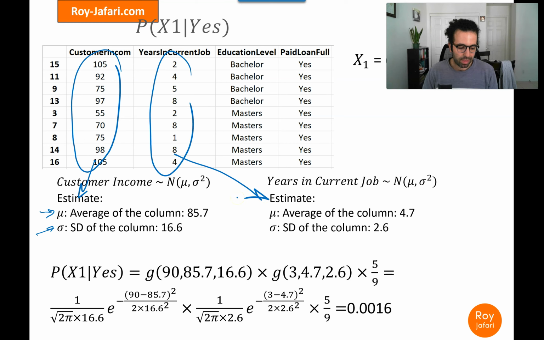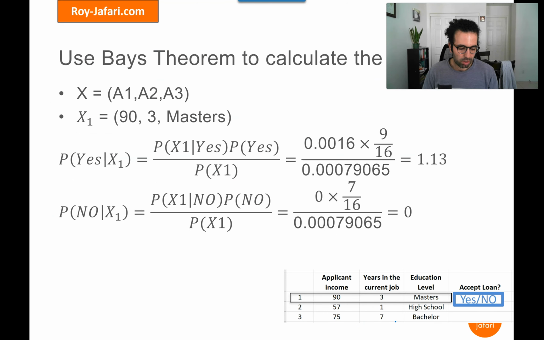We do that, and then we use the new parameters to calculate this probability, and it gives us this value, and of course the probability of yes doesn't change, it is 9/16. Once you bring those numbers that we just calculated, you get 1.13, and also you get 0. Now looking at these numbers again, you can decide that yes is the best way to go.